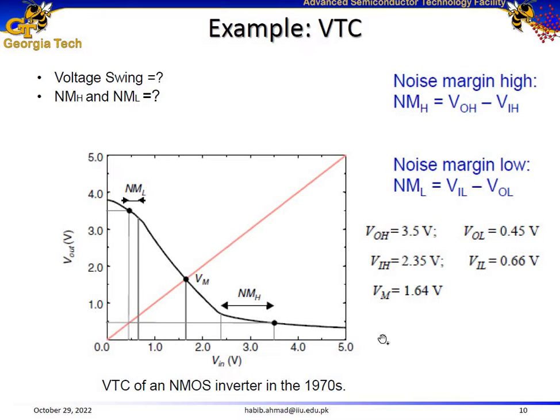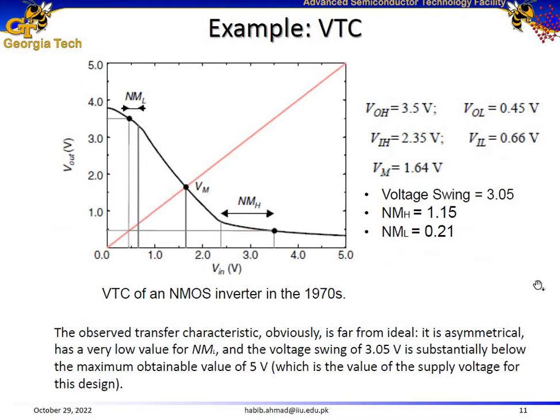So VOL is 0.45. Let's go directly to the answers. So here is our VOH. It's approximately 3.5 volts, and our VOL is 0.45.